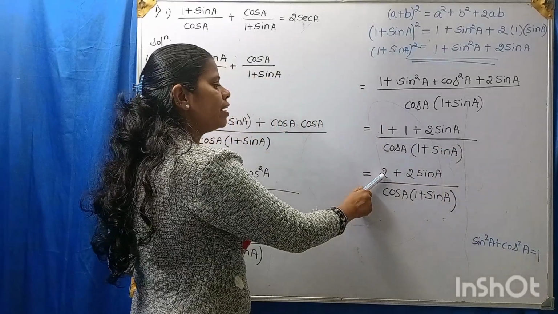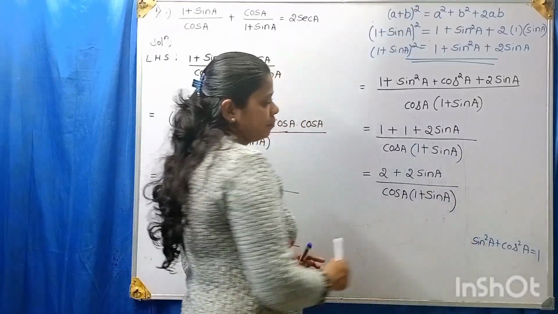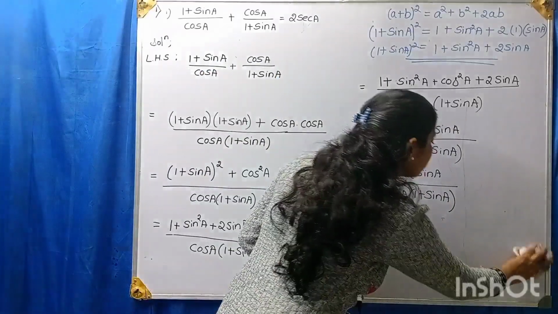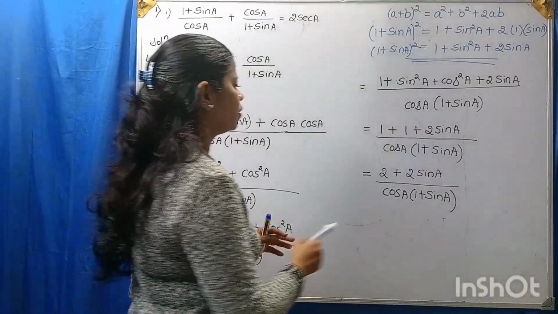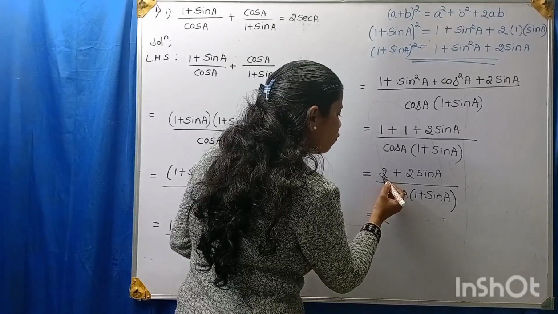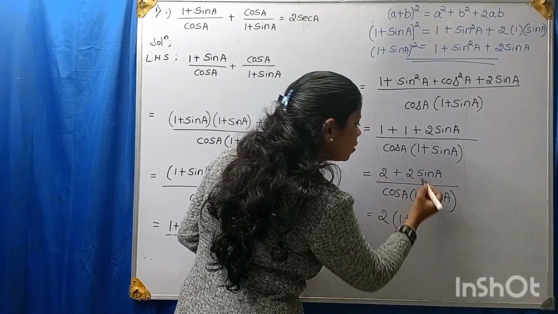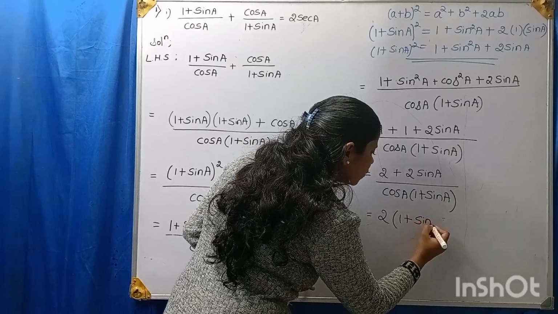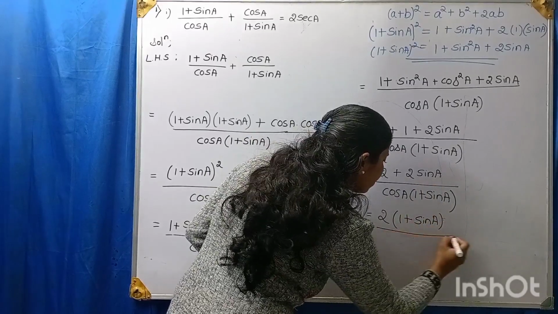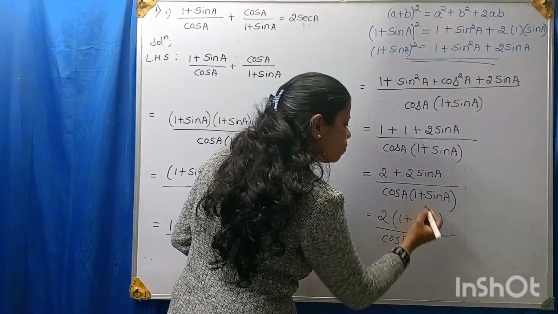Now, let me take 2 common. Then what is left here? 1 plus sin A, whole divided by cos A into (1 plus sin A).